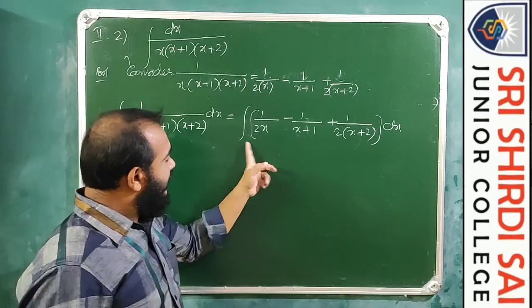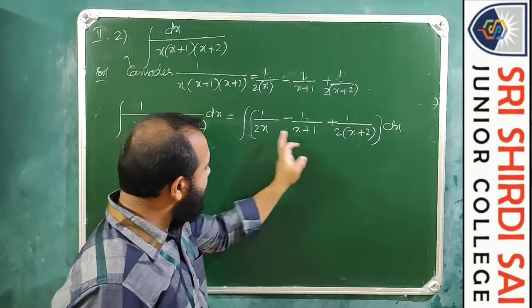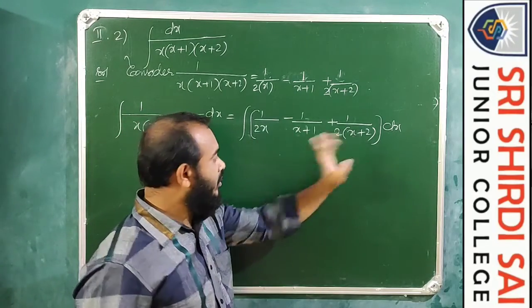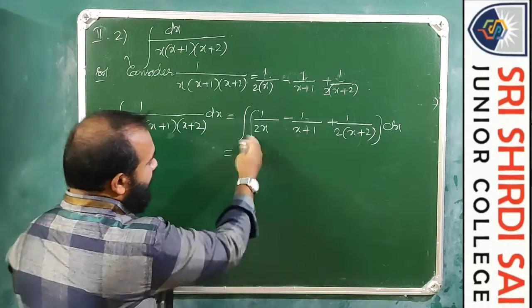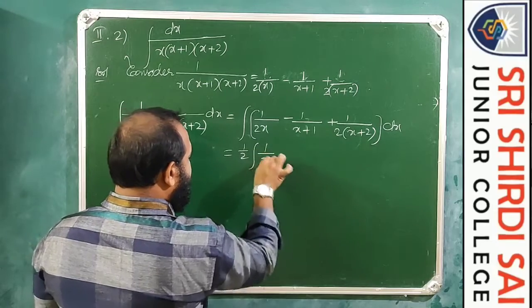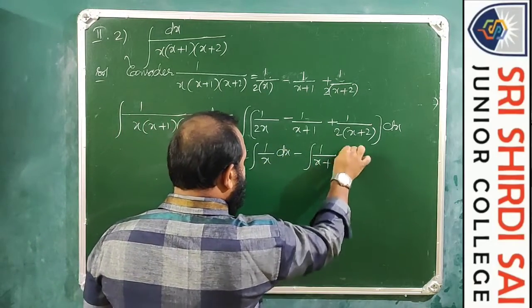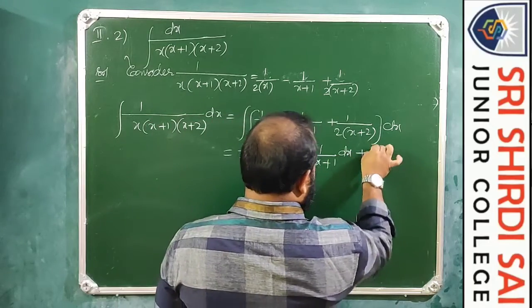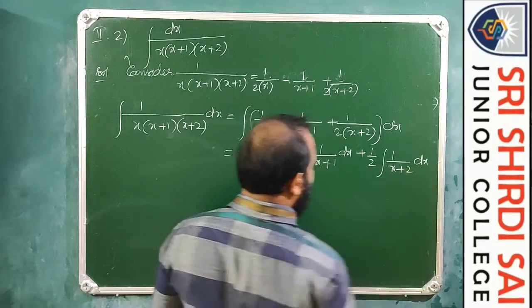Now the integral is distributed among these three terms. 1 by 2 being a constant, let us separate it from the process of integration: 1 by 2 integral 1 by x dx minus integral 1 by x plus 1 dx plus 1 by 2 integral 1 by x plus 2 dx.